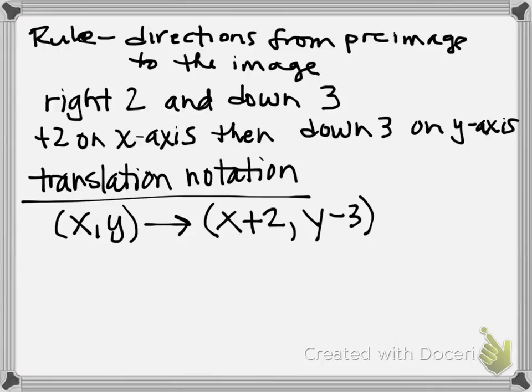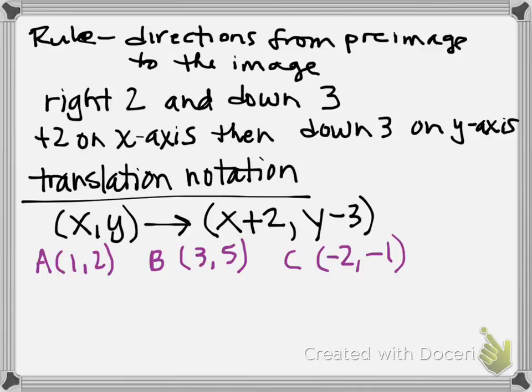So an example that would go with this one would be, let's say we have point A is at 1, 2, point B is at 3, 5, and point C is at -2, -1. If I want to know where A prime, B prime, C prime is, I'm going to apply the rule.